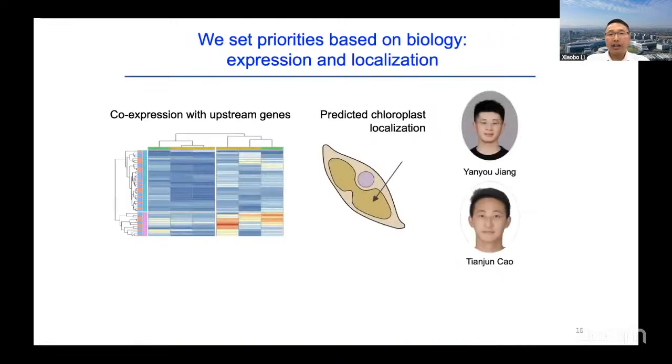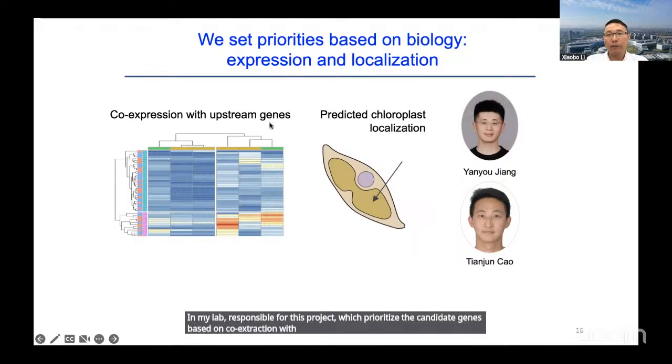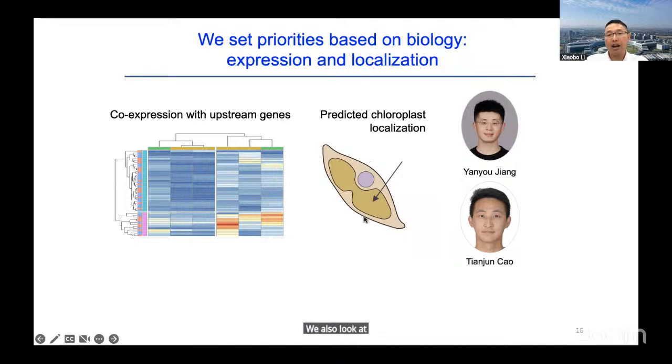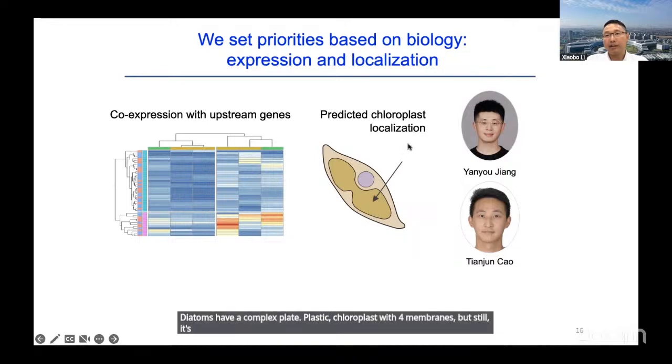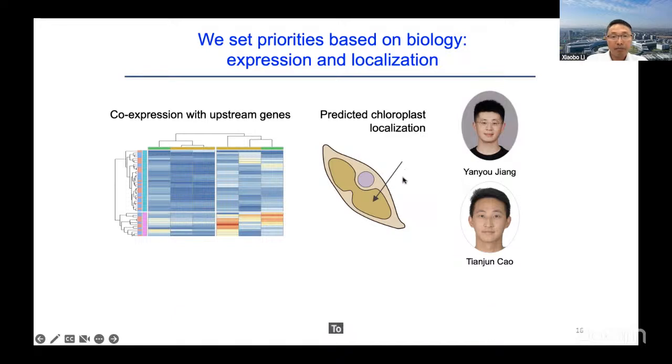Yanyu and Tianjun in my lab, responsible for this project, prioritized the candidate genes based on co-expression with upstream genes in chlorophyll biosynthesis. We also looked at predicted localization, and the enzyme should be in the chloroplast stroma. Diatoms have a complex plastid, a chloroplast with 4 membranes, but still there is software that can predict localization to some degree.